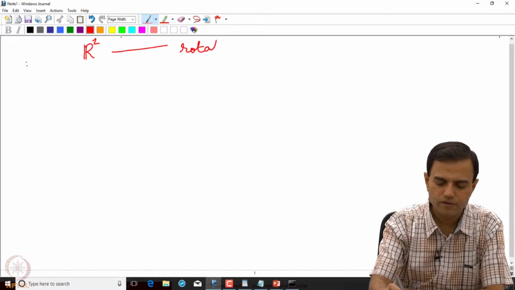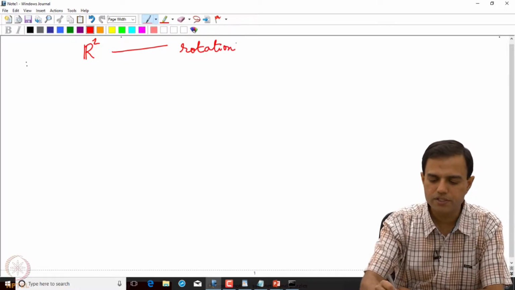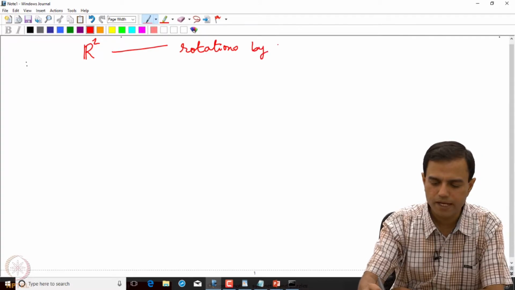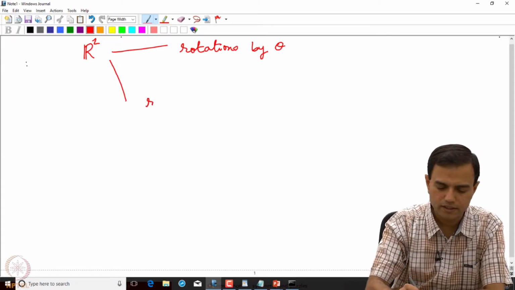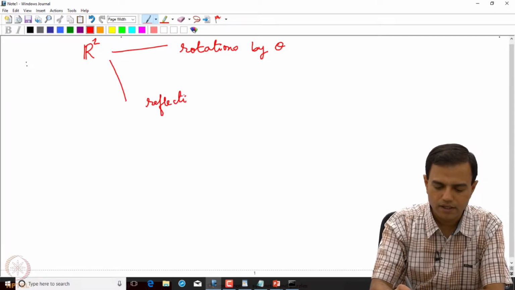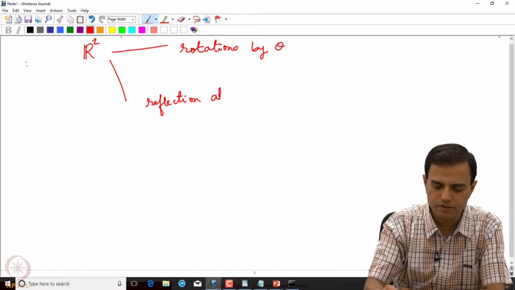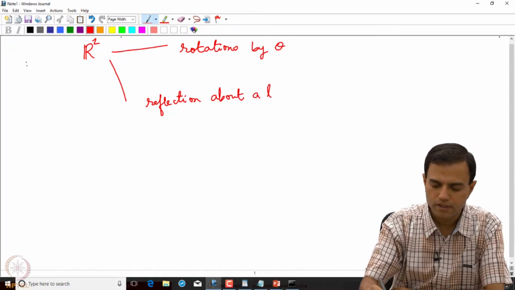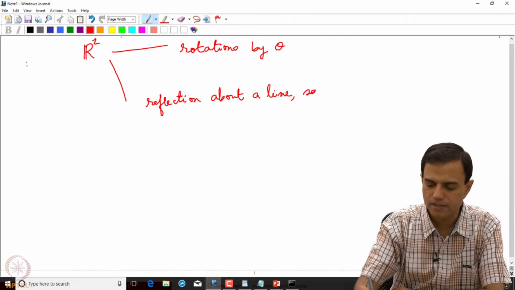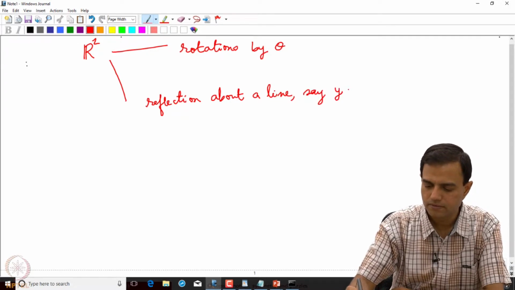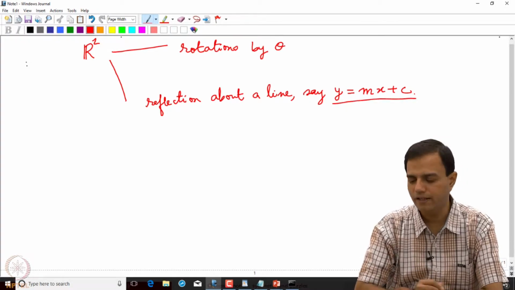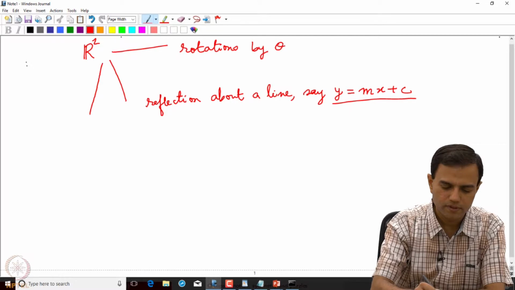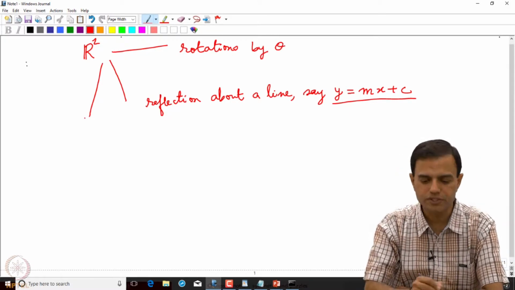You are aware of rotations, say rotations by any degree theta, and then reflection about a line, say y is equal to mx plus c. I hope you remember equation of line. m is the slope. What else? Translations.